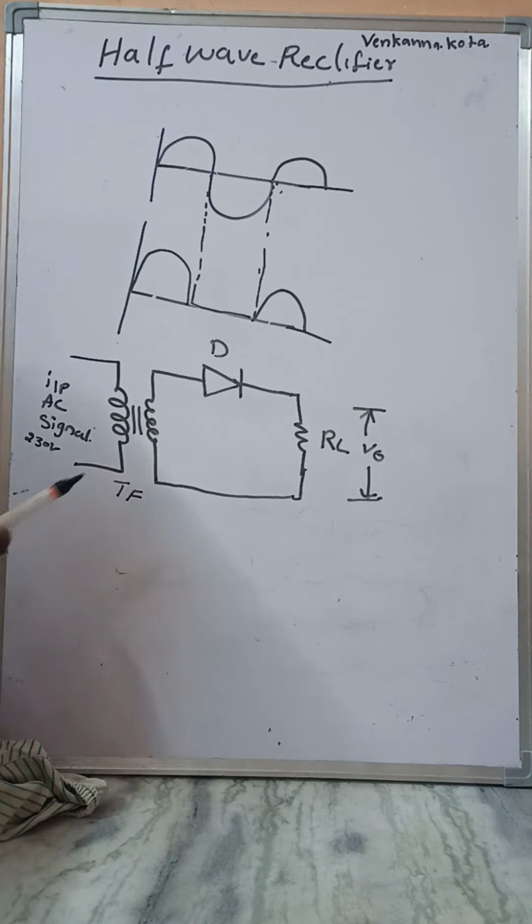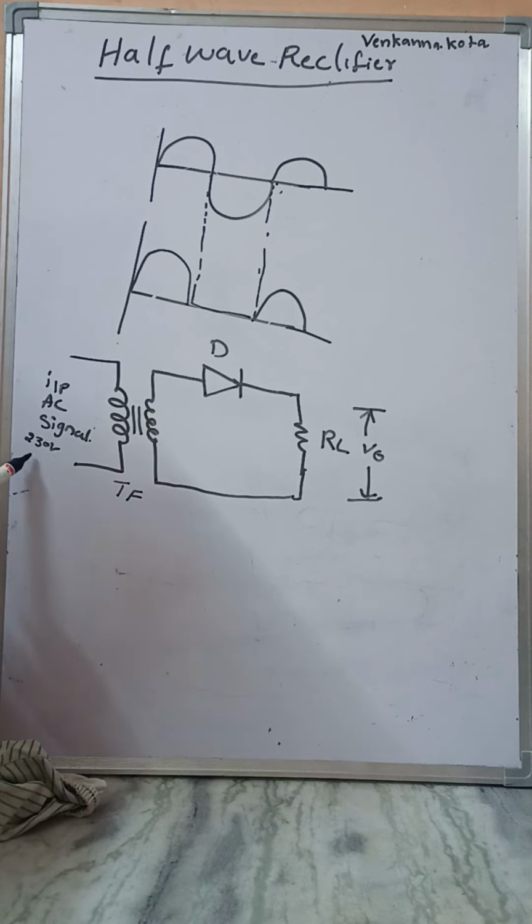In the half-wave rectifier we need only a step down transformer. Why? Because the operation of electronic circuits requires only low voltage, like 7 volts, 12 volts or 15 volts.